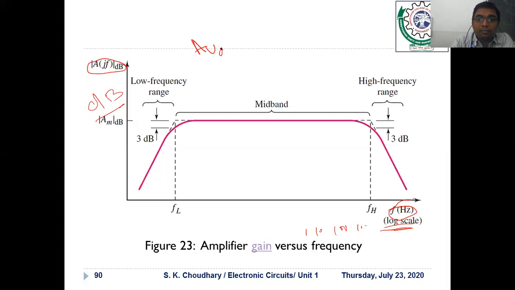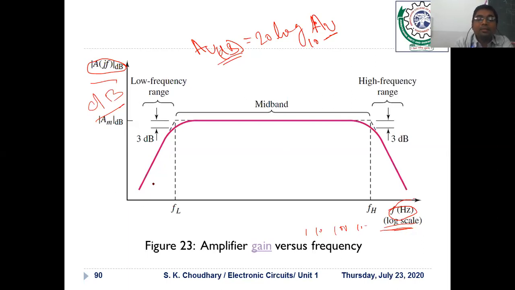So how to convert AV into AV in dB, the decibel scale? 20 log AV is the formula, log base 10. When the normal voltage gain is put into this formula, it becomes the voltage gain in the decibel scale. So two important areas to focus on: in the y-axis, the voltage gain in the decibel scale; in the x-axis, the frequency in the log scale. After that, you have to plot this graph.